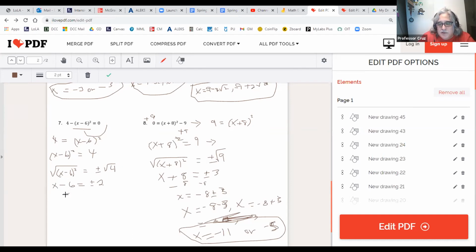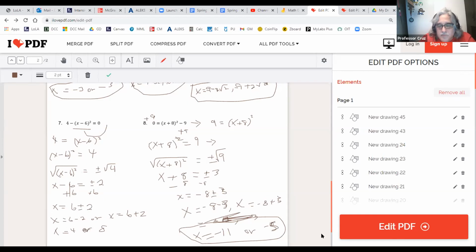We got plus 6, plus 6. So x is equal to 4 or 8.